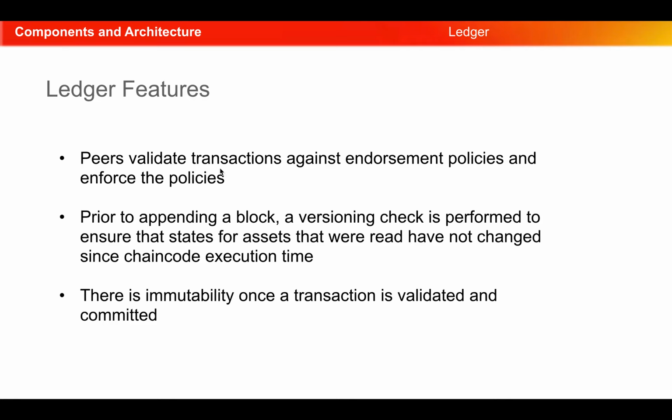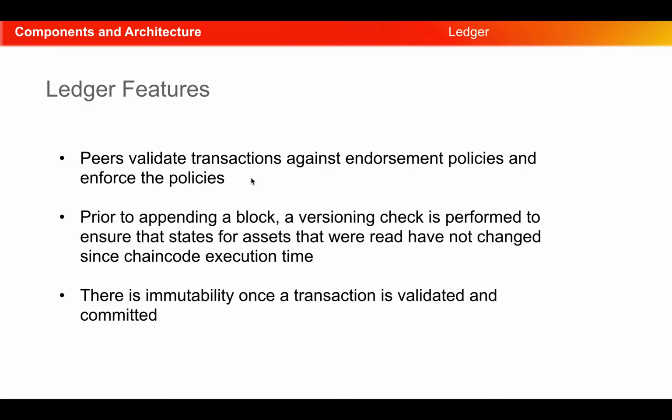Peers validate the transaction against the endorsement policies. Basically, when peers get the transaction, they validate it against the endorsement policy, which will be defined for every peer. You will see how we define the endorsement policy in the coming section.